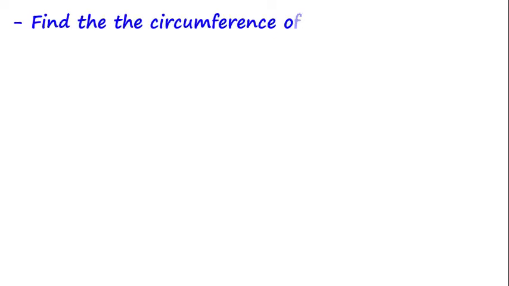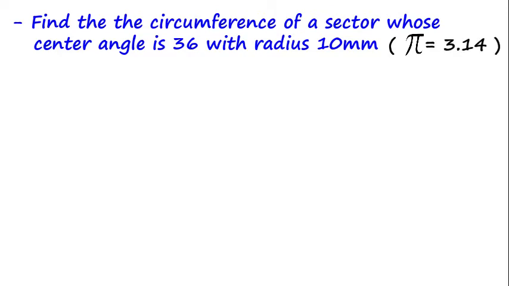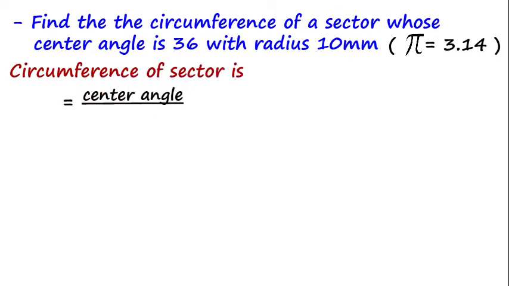Let us look at the following. Find the circumference of a sector whose center angle is 36 degrees with radius 10 millimeters. Use pi 3.14. Remember, the formula of finding circumference of a sector is the center angle out of 360 degrees times 2 times pi times radius.